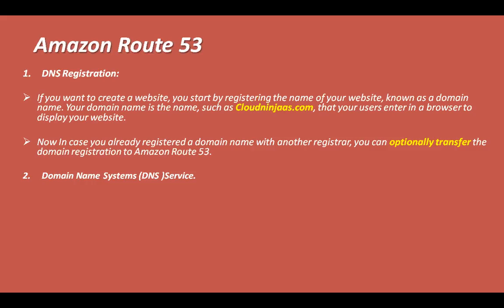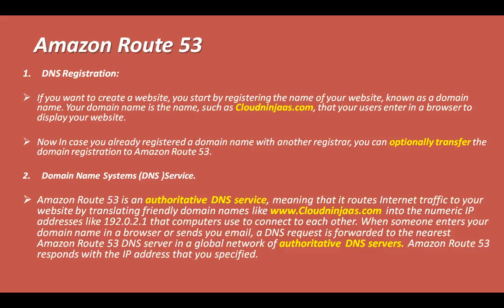It also provides the DNS service. What is special in this DNS service is that when we use a typical domain name system, most of the time is spent resolving the IP addresses by performing the recursive query.